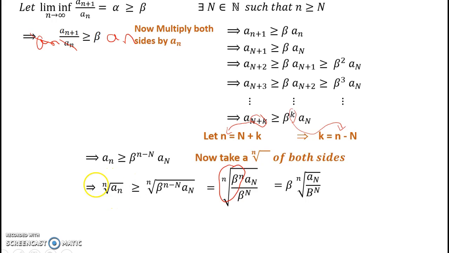Just to clean this up a little bit here, we'll take these two expressions and put them together to imply that the nth root of A sub n is greater than this manipulated version, beta times the nth root of A sub N over beta to the capital N power.